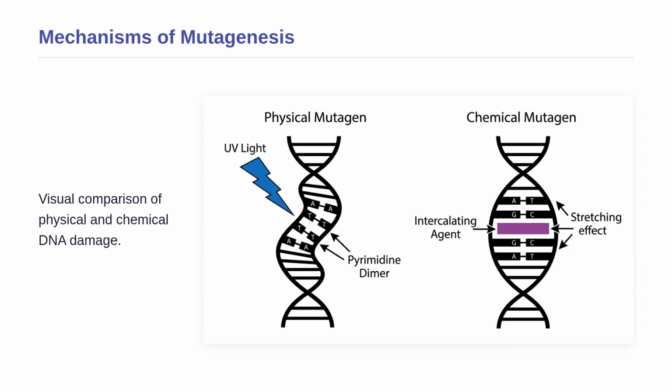This creates a physical kink in the DNA backbone. On the right side, we see a chemical mutagen, a flat, purple, rectangular molecule representing an intercalating agent has wedged itself horizontally between the base pairs. You can see how it stretches the DNA ladder apart, which will inevitably cause errors during replication.